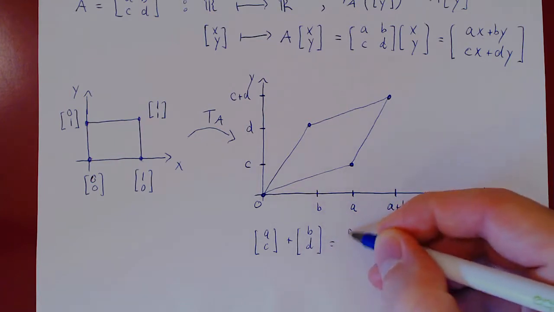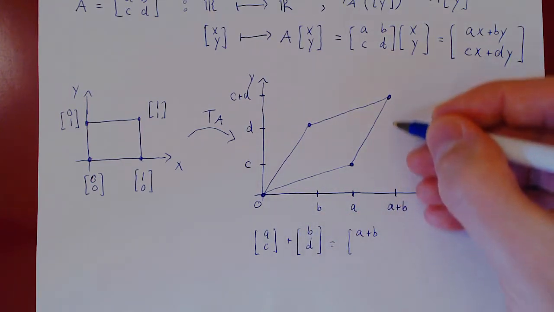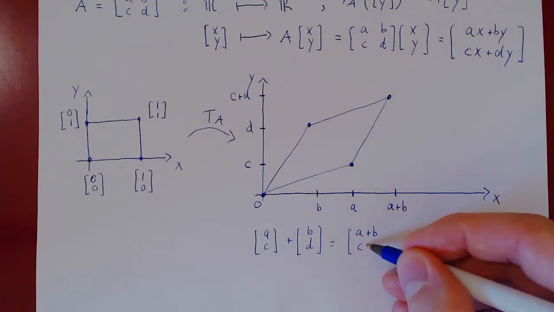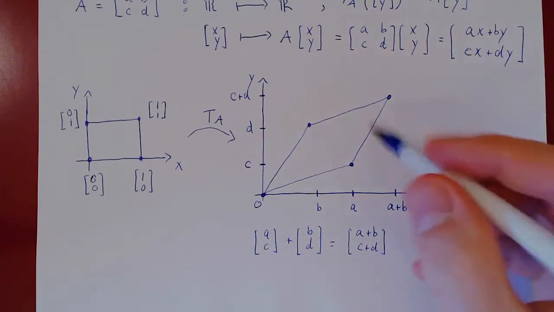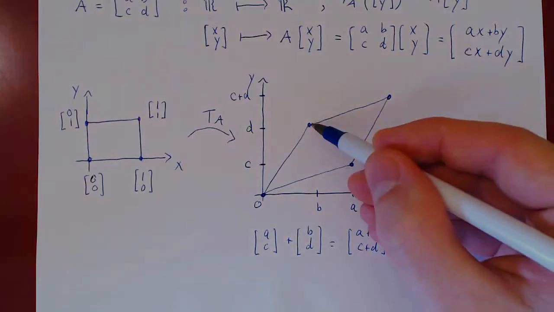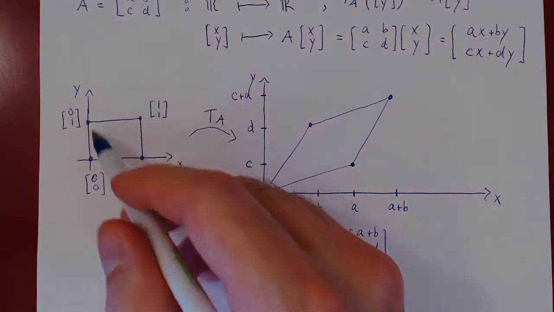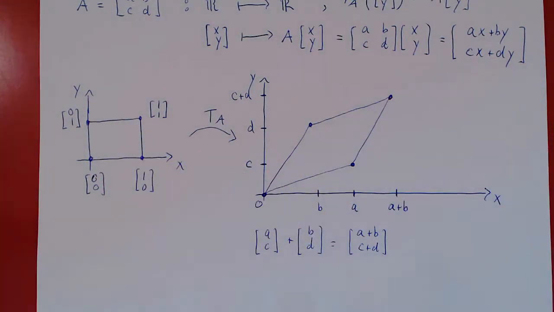And if we add these two, we get A plus B as the x component, check, and we get C plus D for the y component, check. So you see, if you add to this point, you get the fourth and final vertex. So the image of a square is a parallelogram.